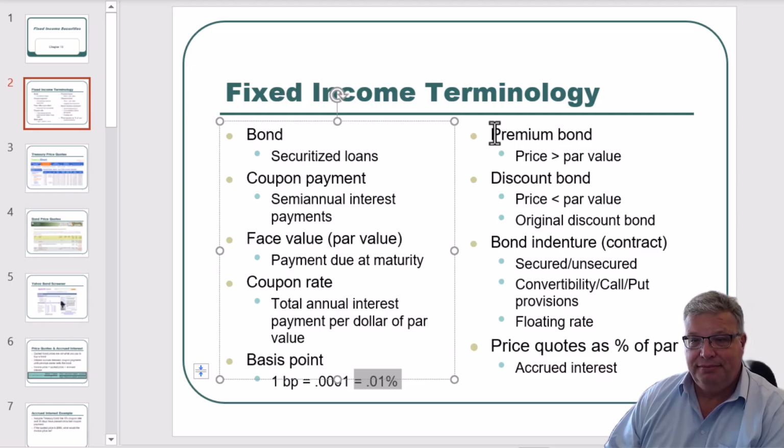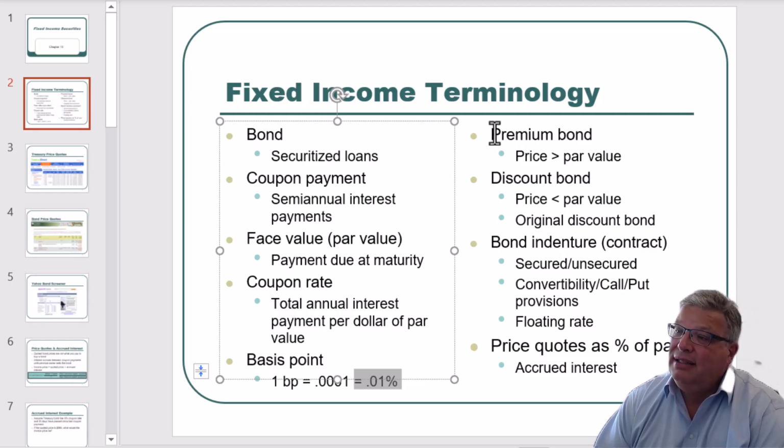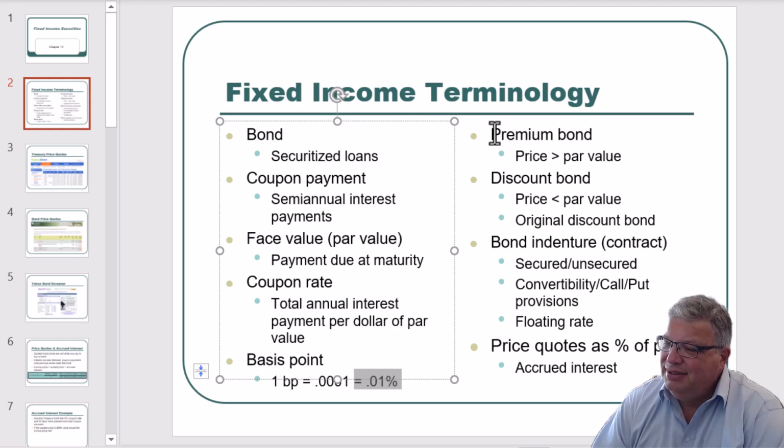And if you look at the fixed income markets, sometimes small changes in interest rates can have a big impact, especially on long-term bonds, if you remember. And so since small changes in interest rates can be significant, when there's an interest rate change, they refer to it as basis points.